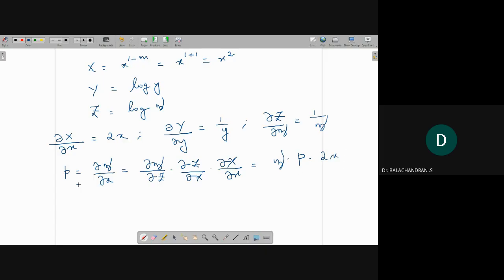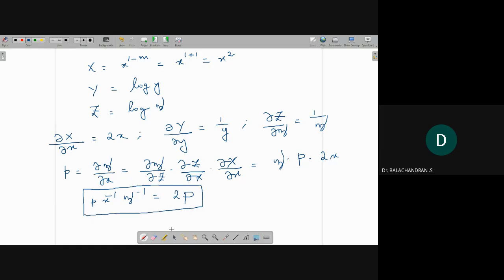From this, small p, x power minus 1, z power minus 1 is equal to 2 into capital P. This is small p.